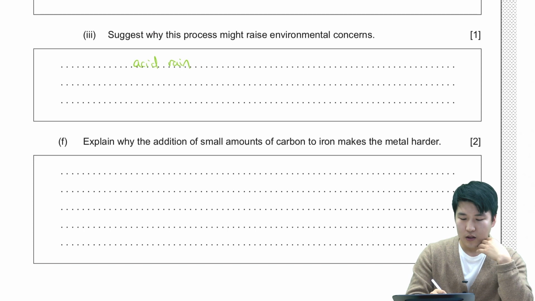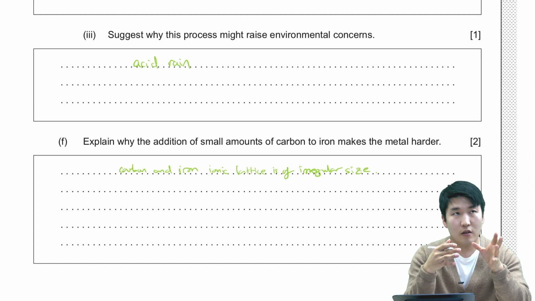So in the alloy, the carbon and ionic lattice is of irregular size.